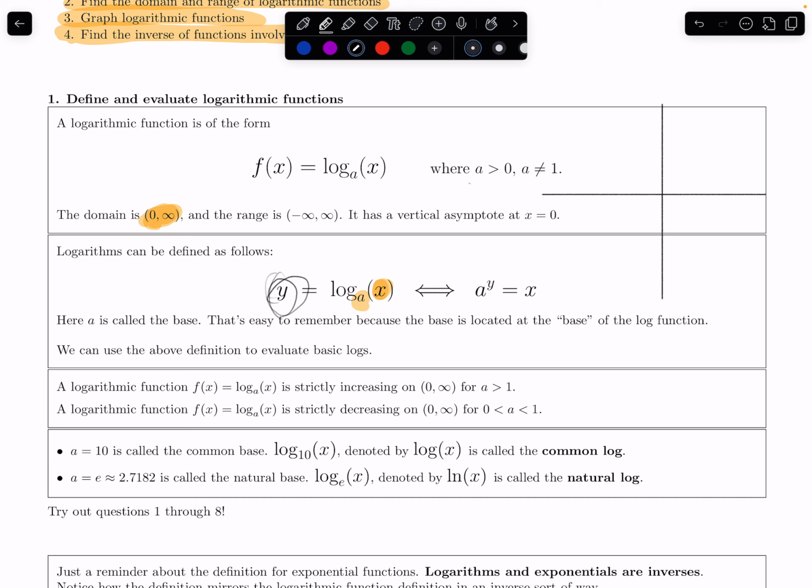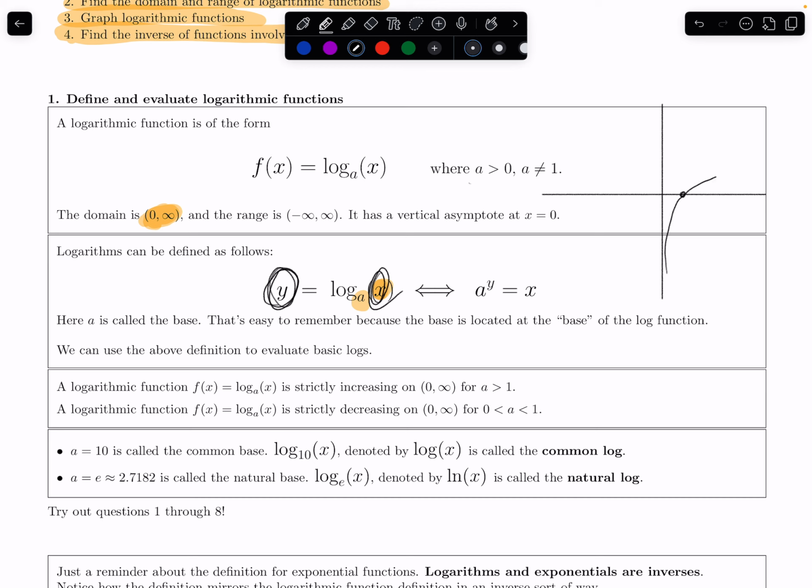When y is 0, this x is going to be 1. Why is that? Well, because a to the 0 is equal to 1, right? So you know how with the exponential function you had (0, 1) as a point? This is going to switch around the other way where you have (1, 0) as a point. So when y is 0, x is going to be 1, right?